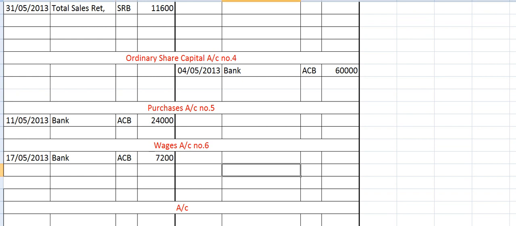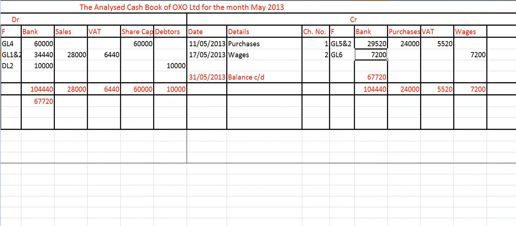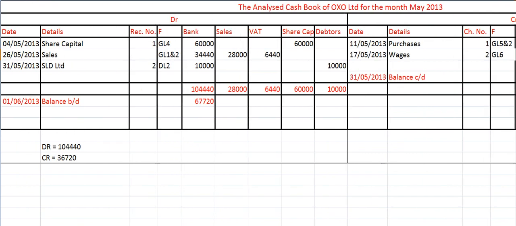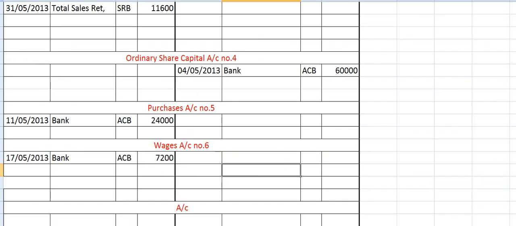The next transaction is the sales here on the debit side. Debit the cash book, credit the ledger. That's going to be general ledger accounts number 1 and 2. The sales will go into the sales account, and the VAT will go into the VAT account. So back to my ledger.